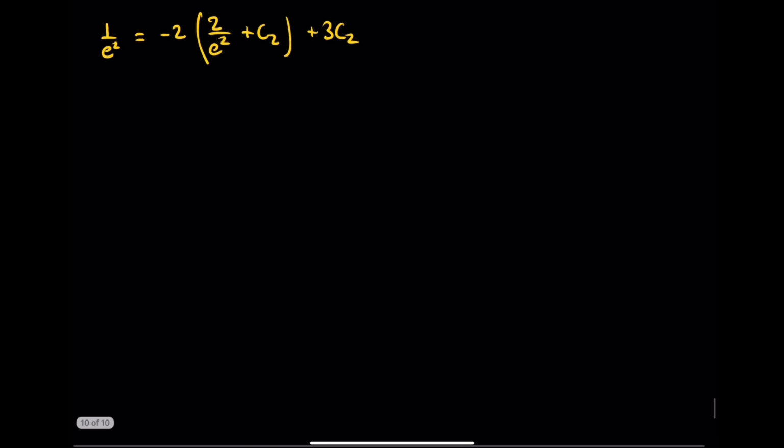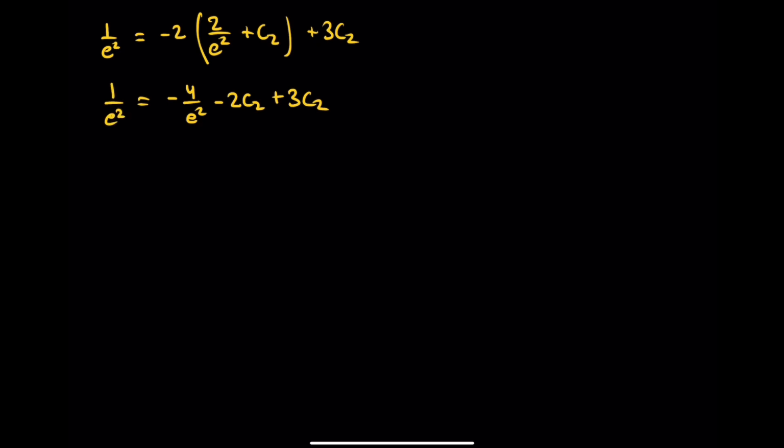And then minus 4e to the 2 minus 2c2 plus 3c2 equals 1 over e squared. And then this would be minus 4e squared plus c2, 1 over e squared, and then you add plus 4 e squared over e squared plus 4 e squared. This would be 5 over e squared equals c2.